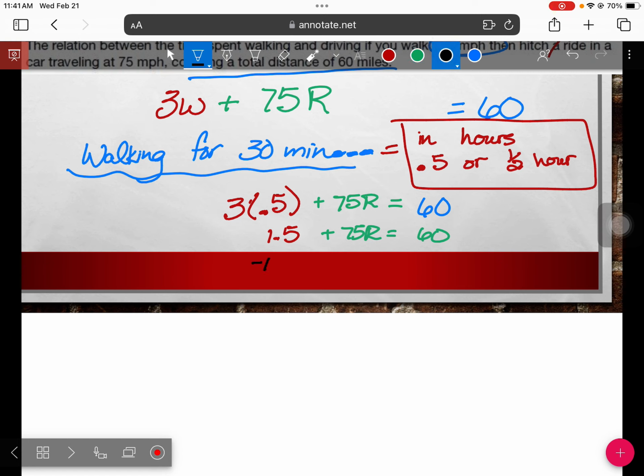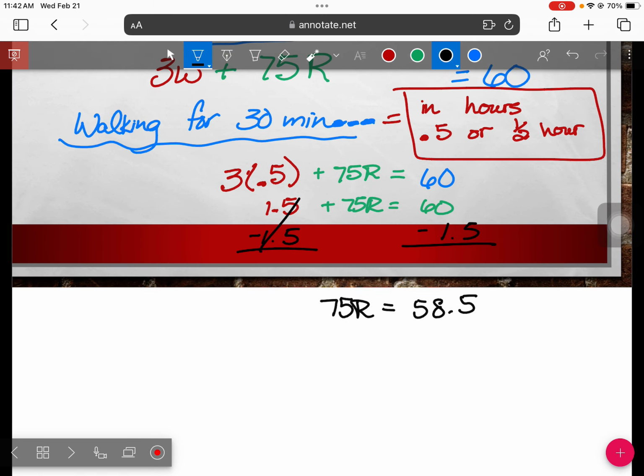Subtract 1.5 from both sides. 75R is equal to 58.5. Divide by 75, divide by 75. R is equal to 0.78.